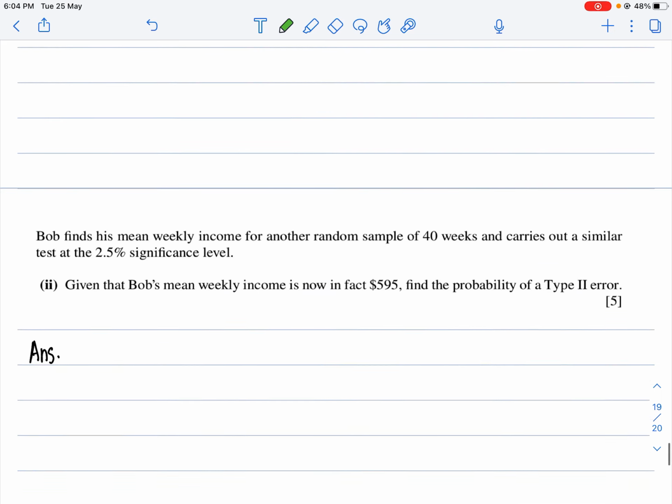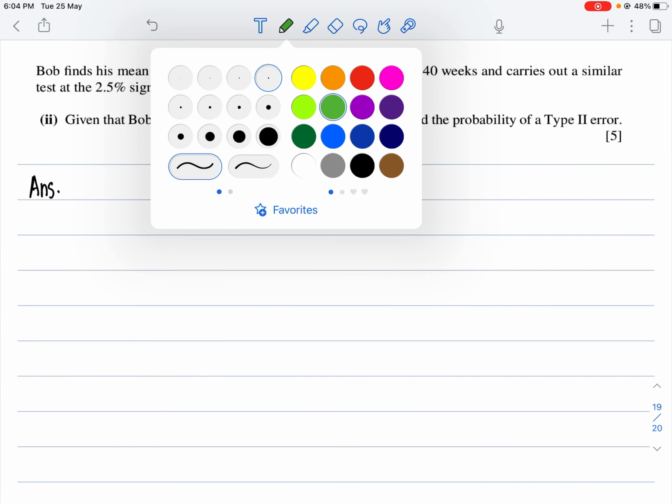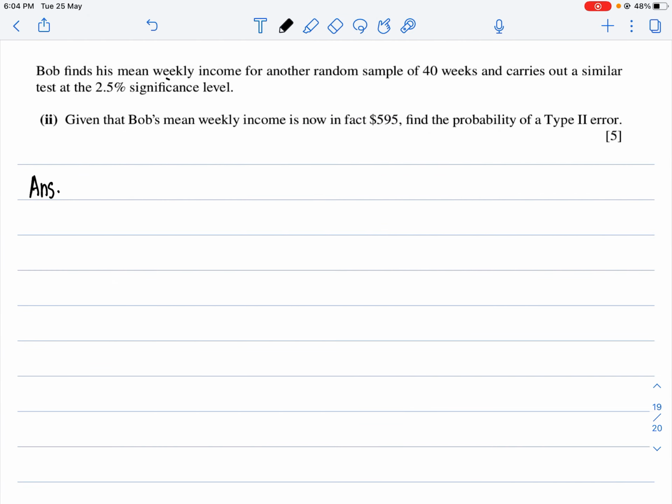Okay? So now, Bob finds his mean weekly income for another random sample of 40 weeks, and carries out a similar test at 2.5% significance level. Given that Bob's weekly income now is 595, find the probability of a type 2 error.